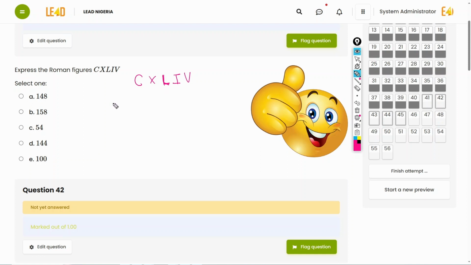We'll break that into CX plus L plus IV. Oh no, I did it wrong this time. CX would give me 110, L would give me 50, and IV would give me 4, which is a problem because it has to be hundreds, tens, and units in expanded format. 110 is not 100.